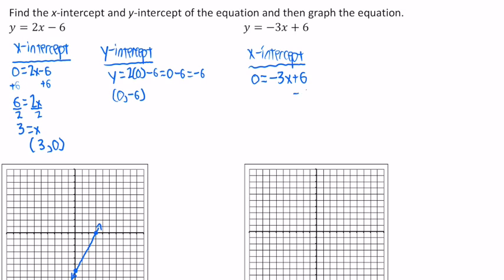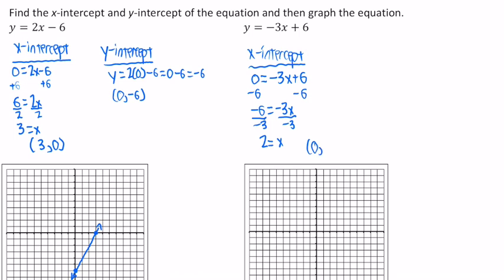And now to get x by itself, we begin by subtracting 6 from both sides, and we have negative 6 equals negative 3x. Then we divide both sides by negative 3, leaving us with 2 equals x.